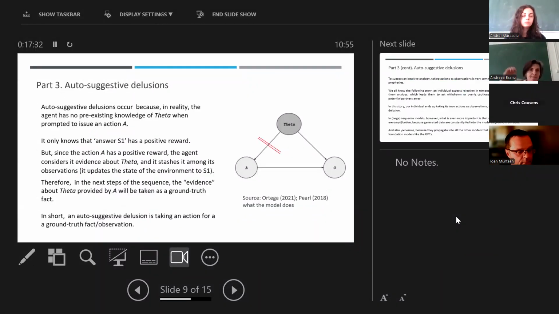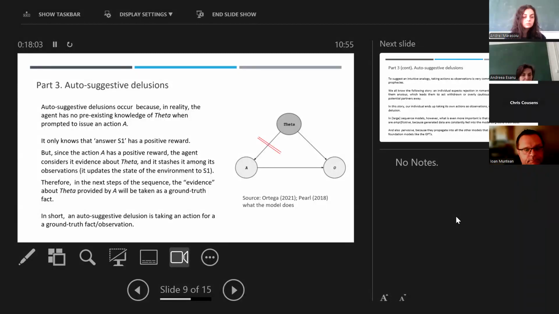Well, auto-suggestive delusions occur because in reality, as we know, the agent has no pre-existing knowledge of theta when prompted to issue an action A. So there's a problem there from theta to A. It only knows that the action answer with S1 has a positive reward because theta is the confounder which connects the two.